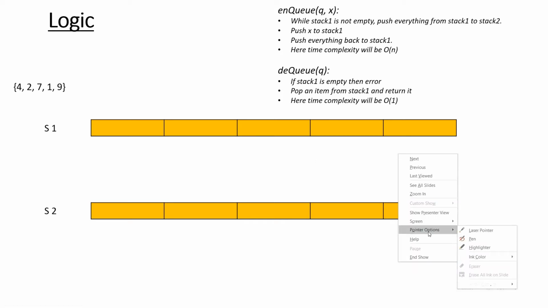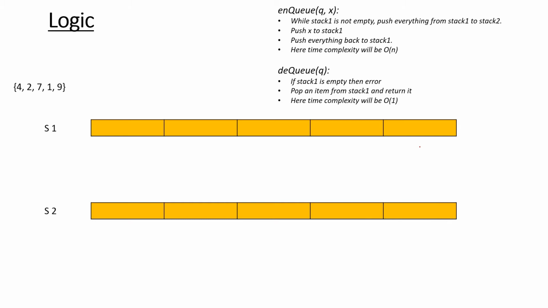So this is my index 0, 1, 2, 3, and 4. Similarly, this is again stack 0, 1, 2, 3, and 4. So these are the indexes for me.